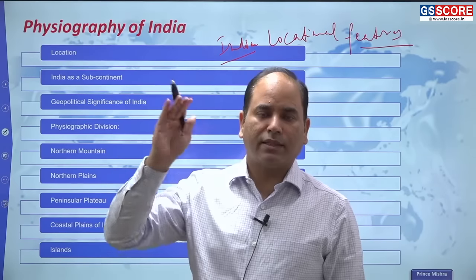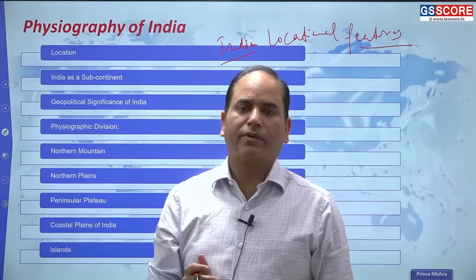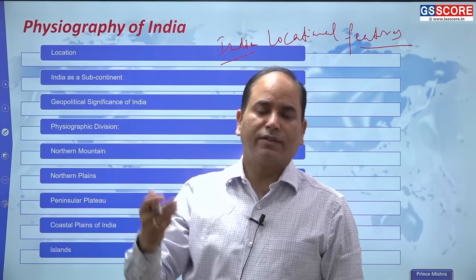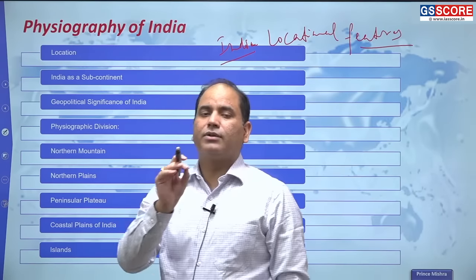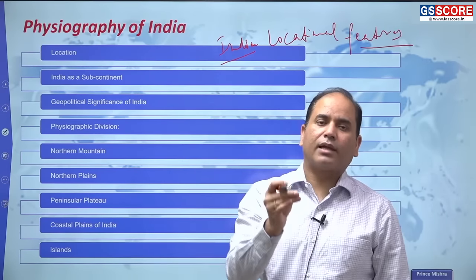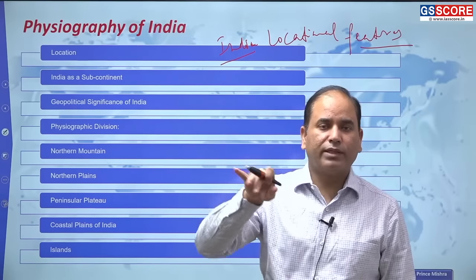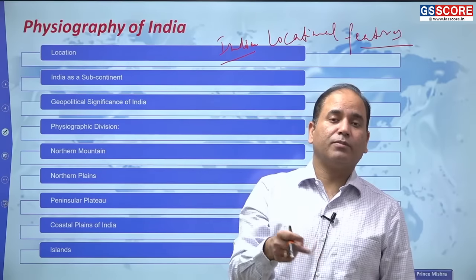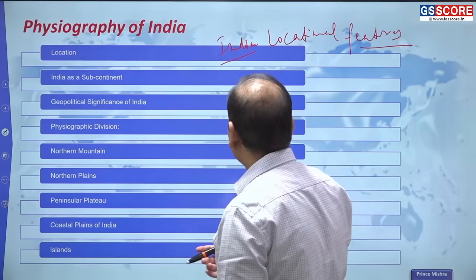Also, the other geographical features along with the Indian mainland boundary, be it mountains or oceans, you will study. Then what are the major latitudes, major parallels passing through the country, which areas they pass through, and what is the significance of those major parallel lines passing through the Indian mainland. All these you will study.